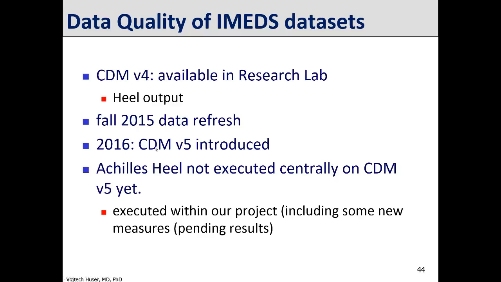So in 2016, there is now version 5, and within our group, we have internally executed the Achilles Heel on those new version 5 data sets. They are simply not exposed within the research lab, including some of the new derived measures and exploratory measures or pending measures which we are still working on, for which we are, for example, determining thresholds.